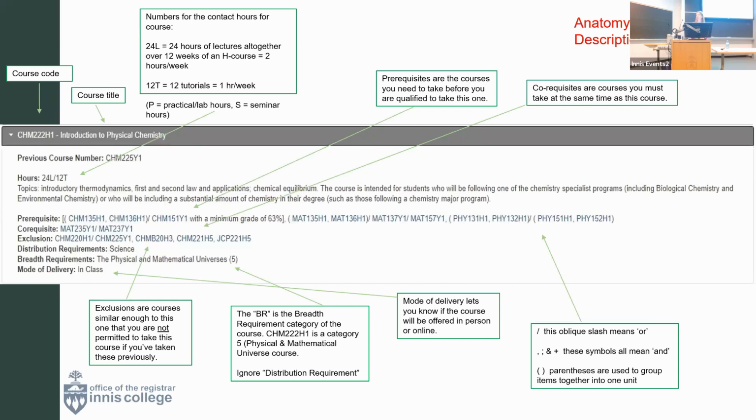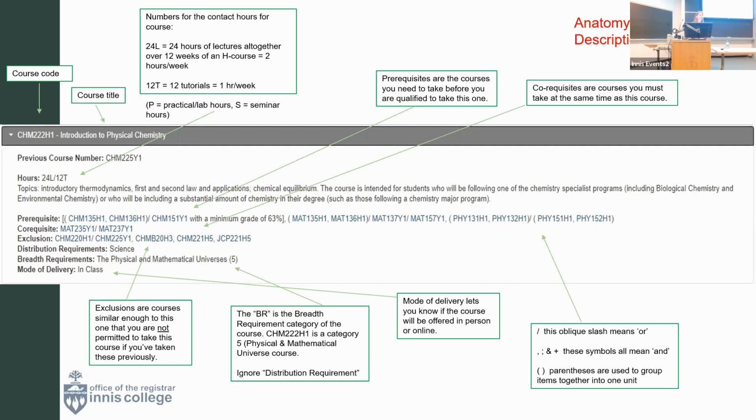It might be an option, right? So sometimes in a program description, there'll be a whole list of courses, and the program will say choose 1.5 credits from this selection here. So if you wanted to take chemistry 222, you would have had to have taken all of these. If you haven't taken, let's say, physics, for example, then you'll have another option of course that you will have taken the requirements of.